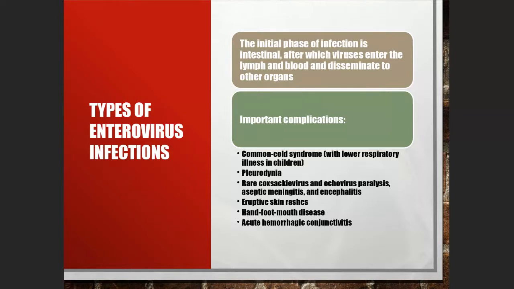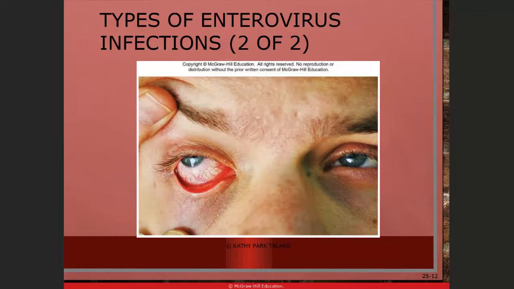Okay, so this is a type of common complications of the enteroviruses: common cold syndromes, skin rashes, hand, foot, mouth disease. And again, this is mostly the non-polio enteroviruses. Okay. They also can infect the area around the eyes.